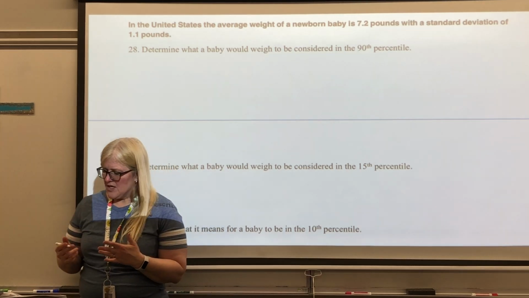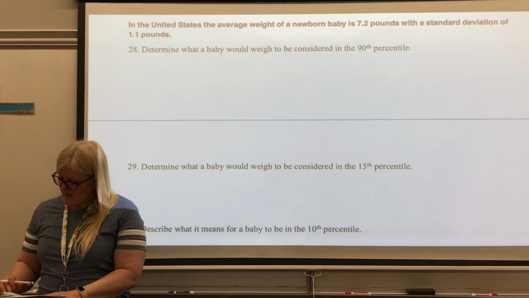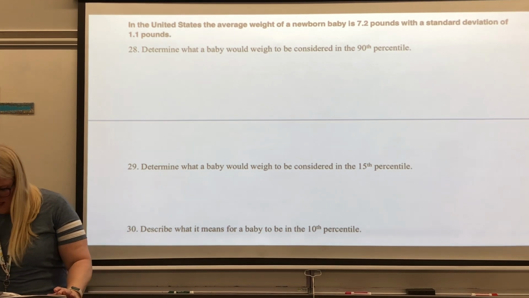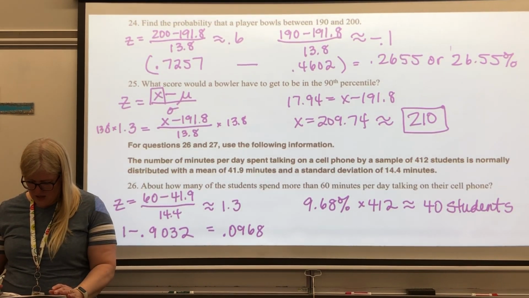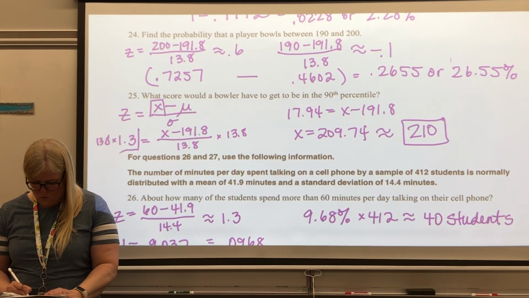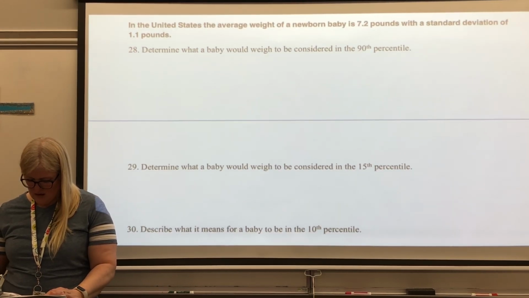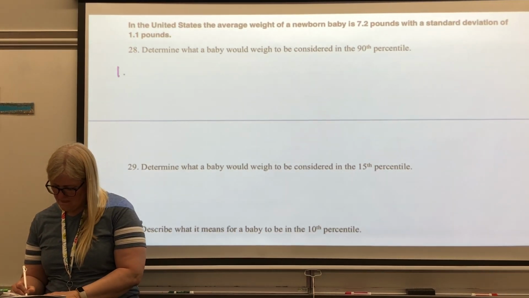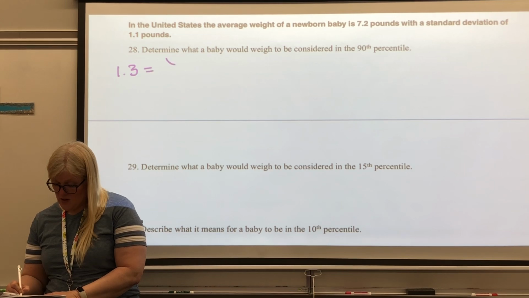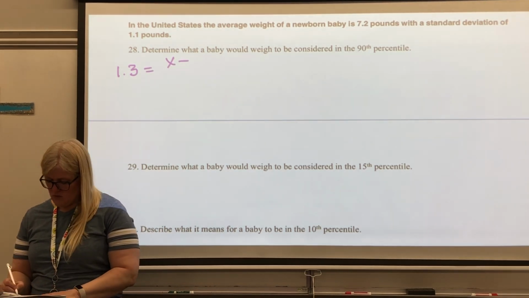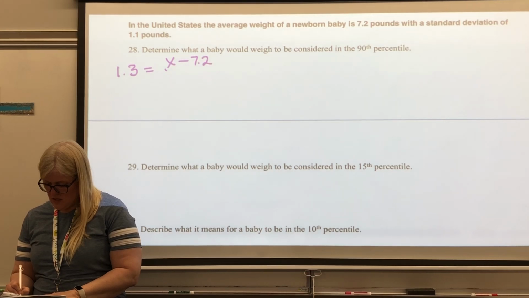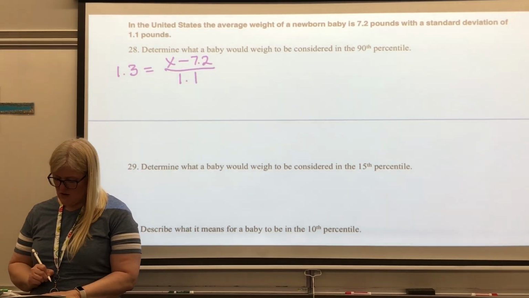So I use the 90th percentile up here and found that it was 1.3. So we're going to take 1.3 equals x, because we don't know, minus the average, which is 7.2, divided by my standard deviation of 1.1.